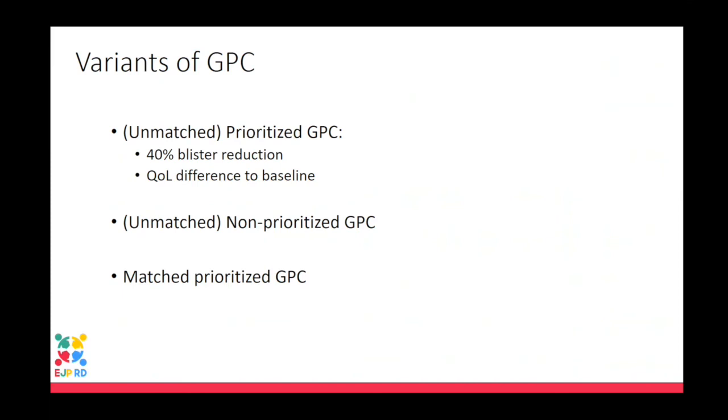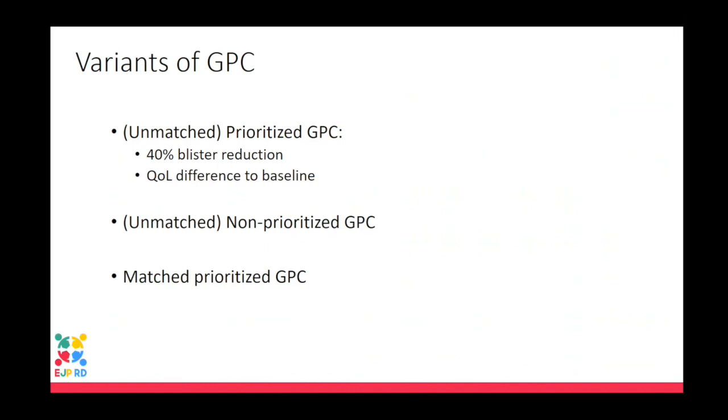So there's the prioritized general pairwise comparison, where we first rank the clinical outcome, the blister reduction, and secondly the quality of life. So only in those pairs where there is no difference in the blister reduction do we go and look at the quality of life. We can do a non-prioritized one, where we evaluate all of the pairs in each of the 2 outcomes.